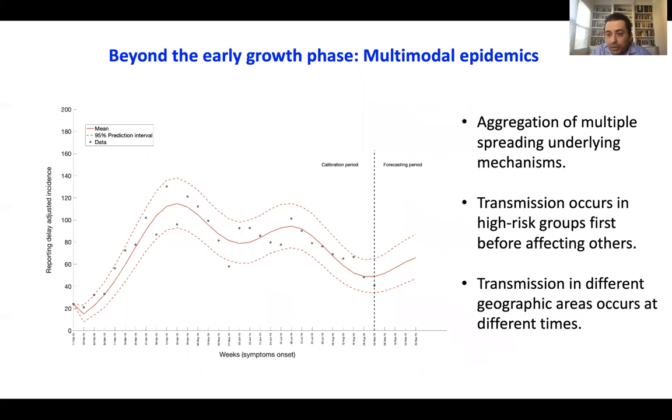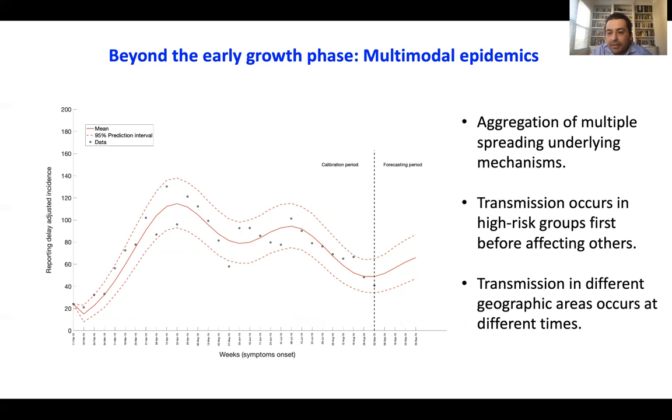Now we can go beyond the earlier growth dynamics that are important to predict the course of epidemics and talk about the fact that epidemics are composed of a number of sub-epidemics, what we call sub-epidemics or sub-outbreaks.